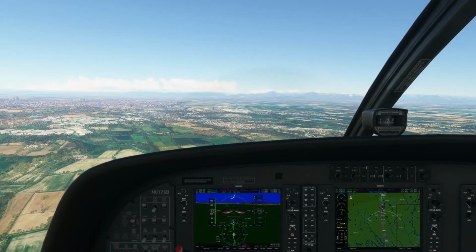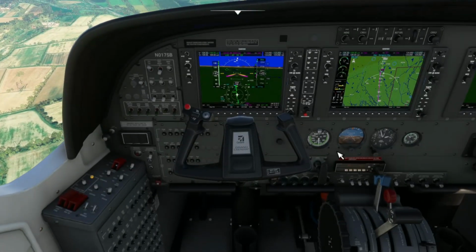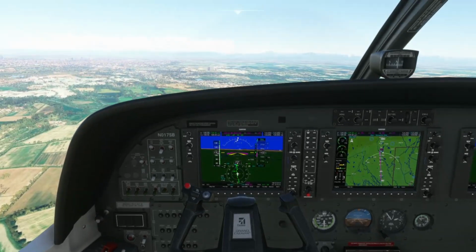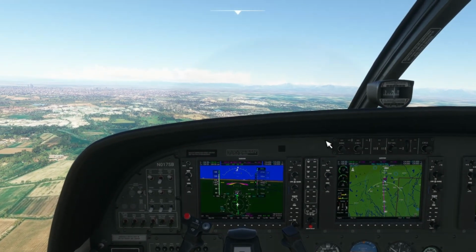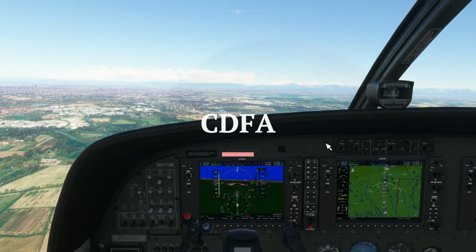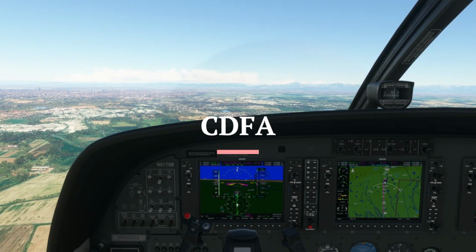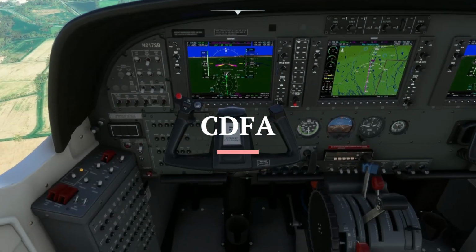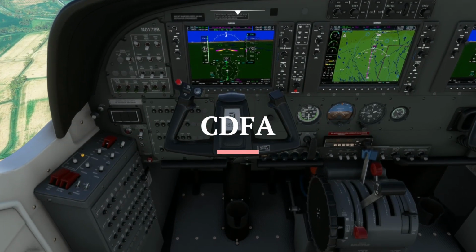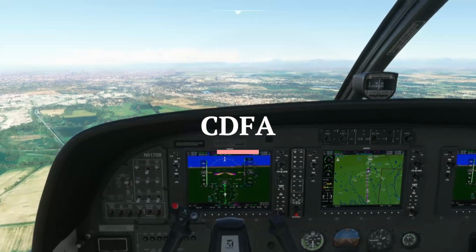Now this is the final trick. It's not really a trick, and it's not even a formula. It's just a table that is included in the chart. It is called continuous descent on final approach. It is very brief, and it is very simple, and it is located on every approach chart, whether it is precision or non-precision.